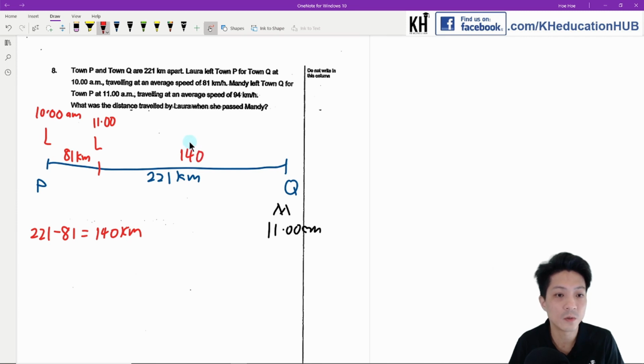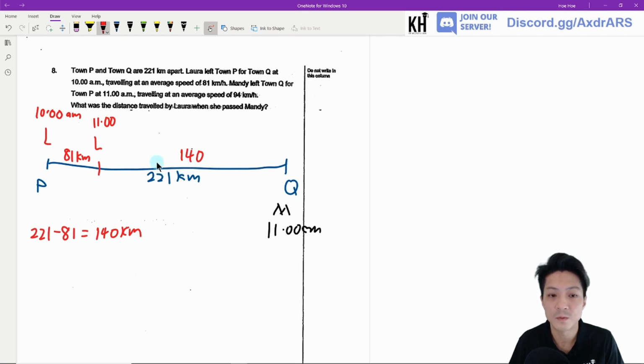140. So to find the time it took for them to meet each other, we just need to use the distance between them divided by their total speed.